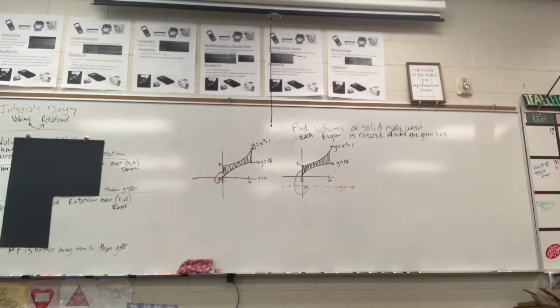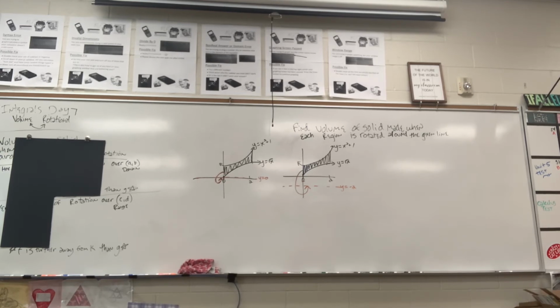Then it's going to be the same distance away from its axis of rotation, right? It's going to have the same volume. That's the idea, right? I heard this group talking about shifting it all down 1 or up 1 or something, right? That's the same idea. If I take every bit of the situation and shift it up or down all the same amount, then the volume and the shape will hold, right?